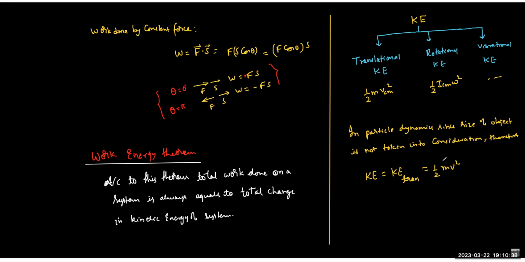So the v actually represents the velocity of the center of mass, but for present discussion, it is the velocity of the body, because we are talking about only translatory motion. Okay.